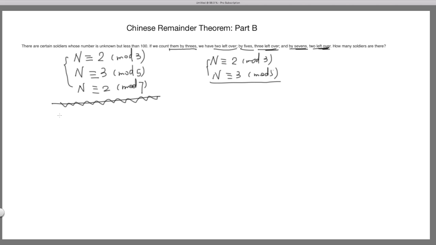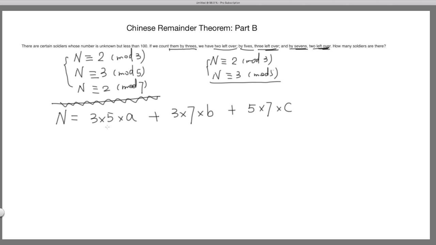We're going to actually use a construction method. We're going to look at n in the form of 3 times 5 times a plus 3 times 7 times b plus 5 times 7 times c.